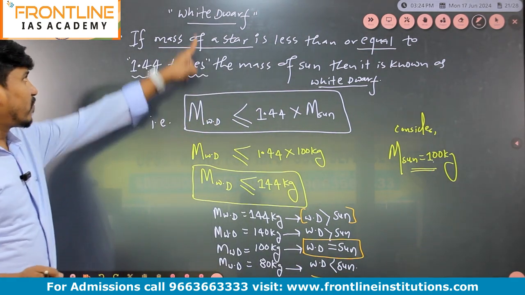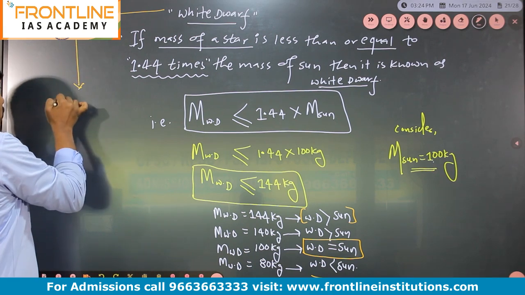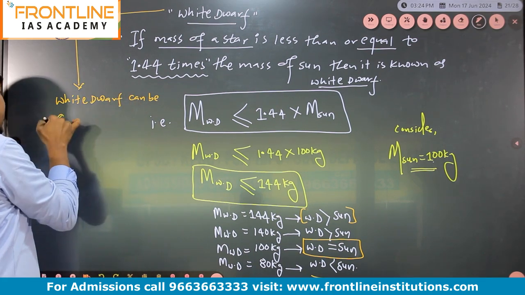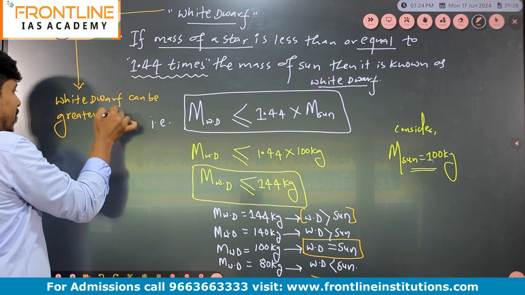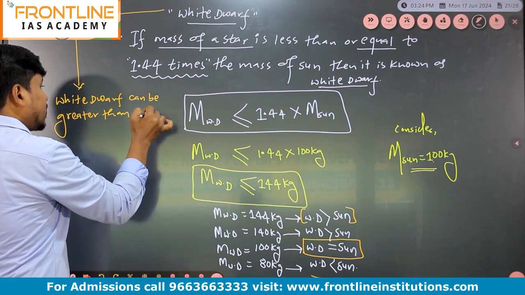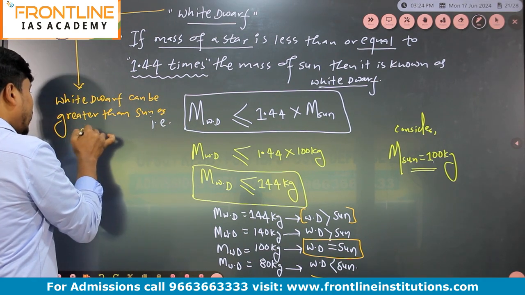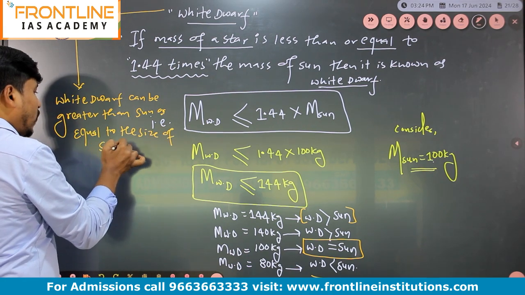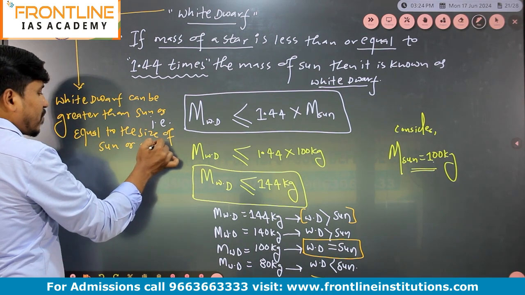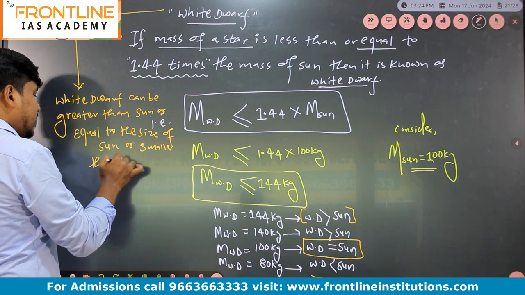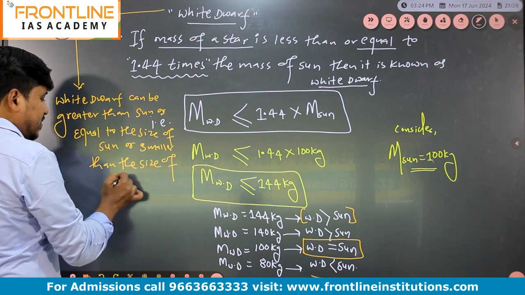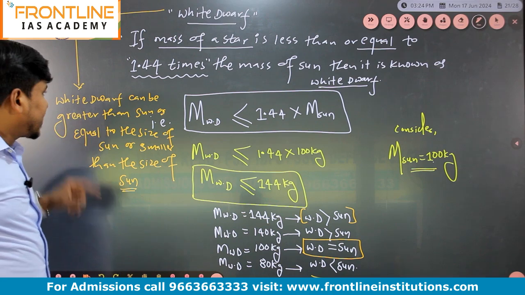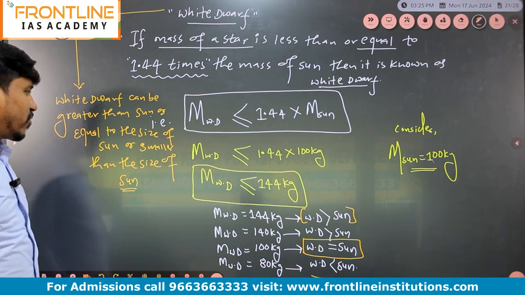Very important point. So white dwarf can be greater than the sun, or equal to the size of the sun, or smaller than the size of the sun.